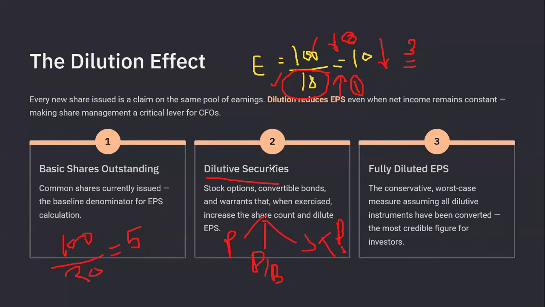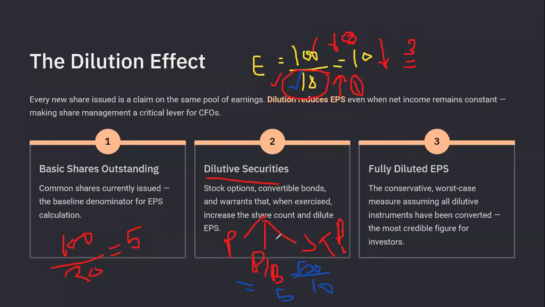In this dilution, what I'll do is I'll just reduce the profit available. So now my shareholding will be 10 shareholders, but the profit available will be 50, and this will reduce my answer as 5. So earlier it was 10, and now my earning per share is reduced to 5.